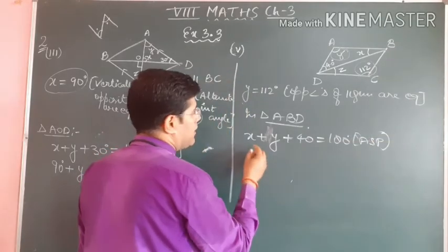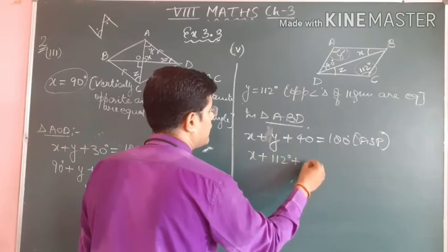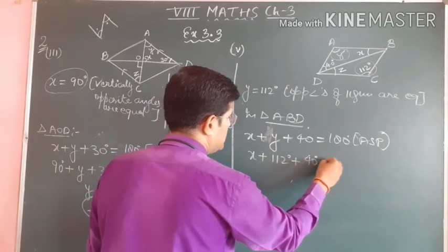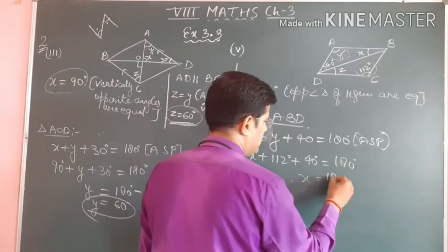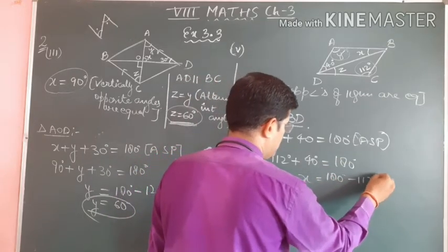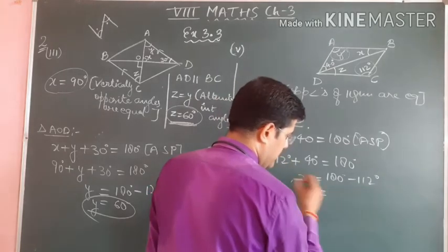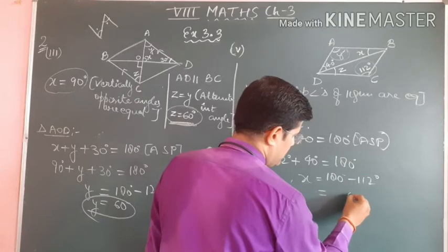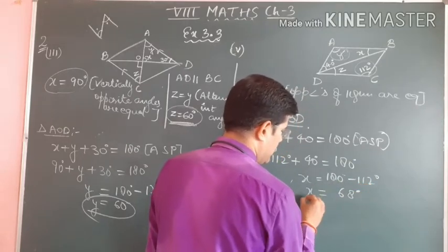Here we have to find x; y is 112 and 40 is given, so the sum is 180. Now x is equal to 180 minus 112, that is 68.